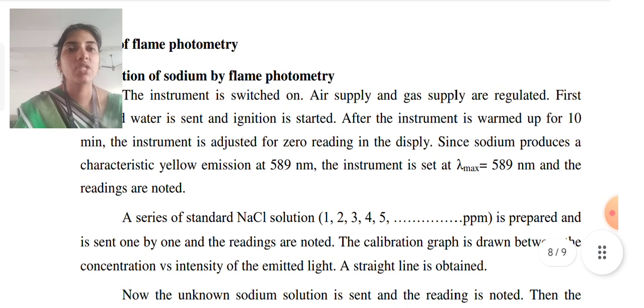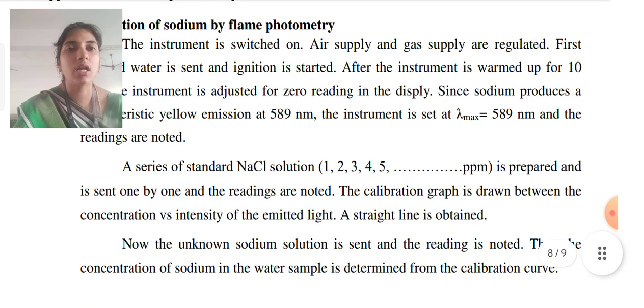A series of standard sodium chloride solutions, that is 1, 2, 3, 4, 5 ppm, is prepared and sent one by one and the readings are noted. The calibration graph is drawn between concentration and intensity of emitted light. A straight line is obtained. Now the unknown sodium chloride solution is sent and the reading is noted.